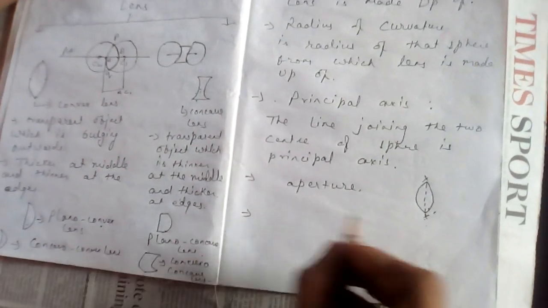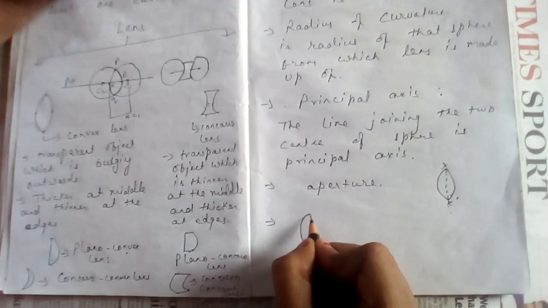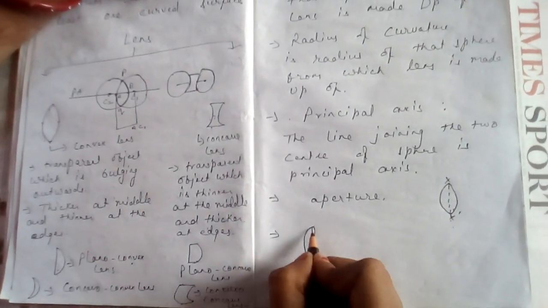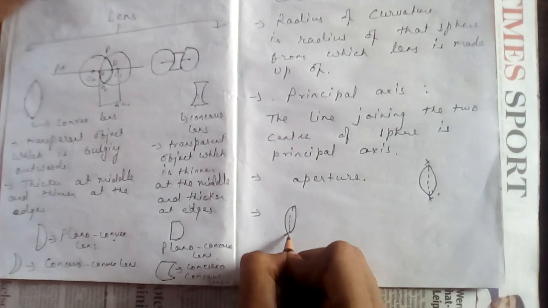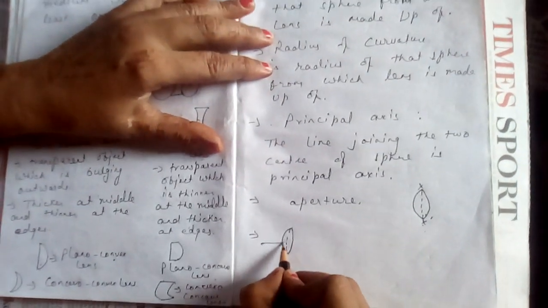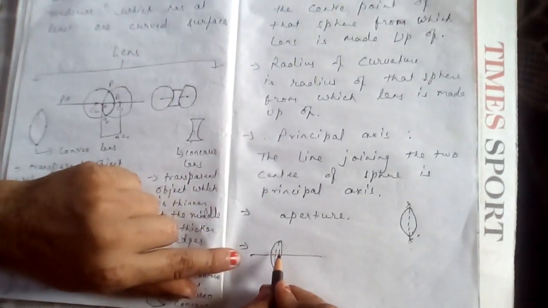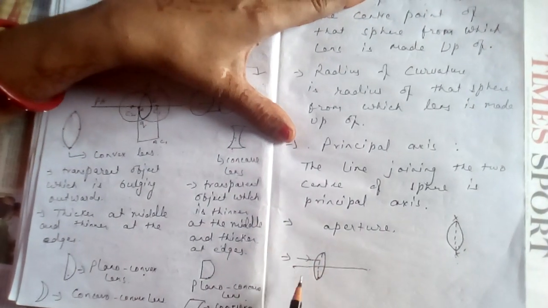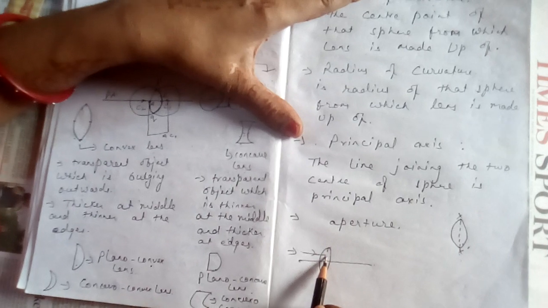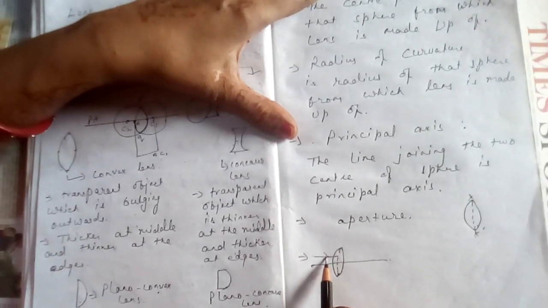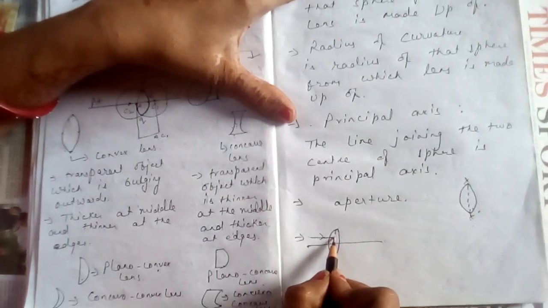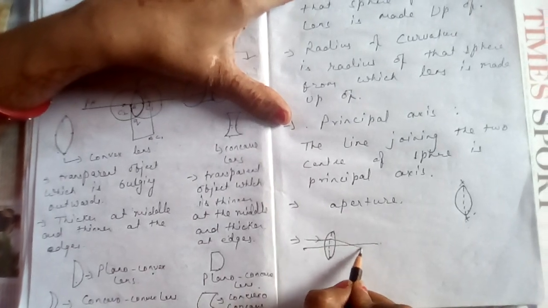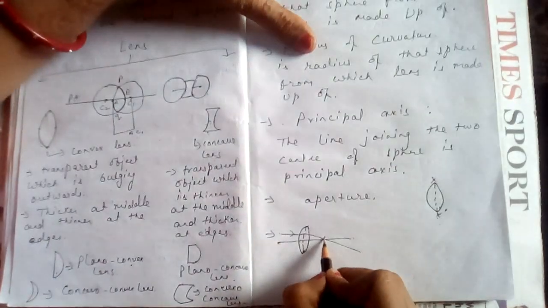Next, again I have drawn the convex lens and its principal axis. Any ray incident on the convex lens parallel to the principal axis, after refraction, passes through a point on the principal axis.